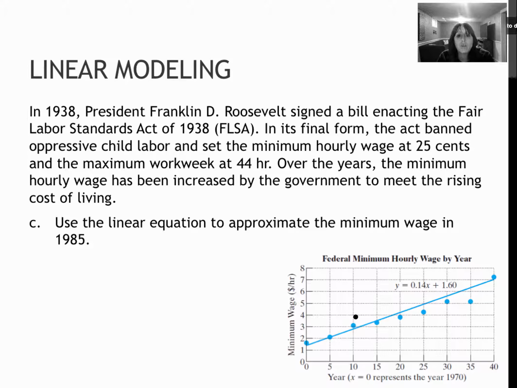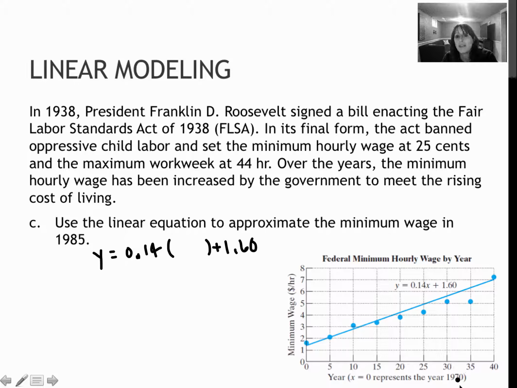Now we're going to use that equation to approximate the minimum wage in 1985. So again, I'm going to use the function that they've given me, and I'm going to replace the x value with the value that would represent 1985. So down here, 0 equals 1970, which means for the year 1985, I wouldn't put in 1985.